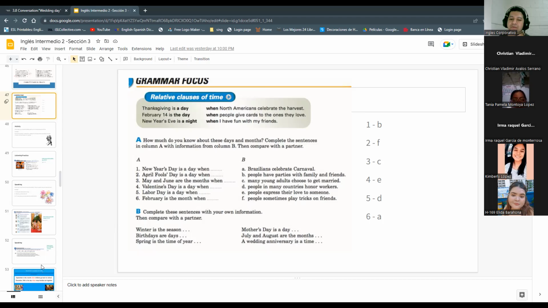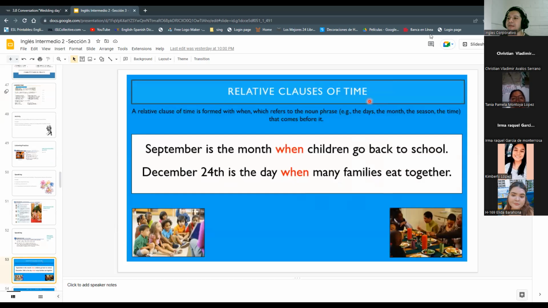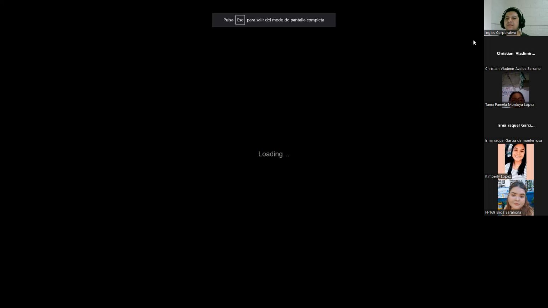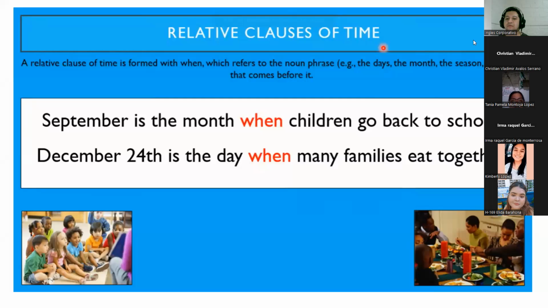Vamos a practicar eso hoy. But first we're going to have a little bit of a review about relative clauses. As you already know, a relative clause of time is formed with when, which refers to the noun phrase, for example the day, the month, the season, the time that comes before it. Example: September is the month when children go back to school.